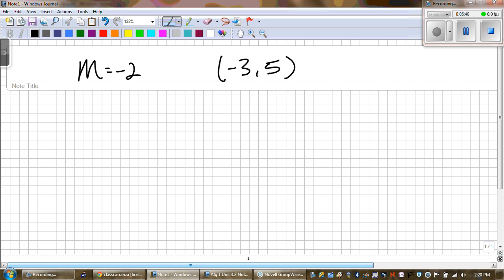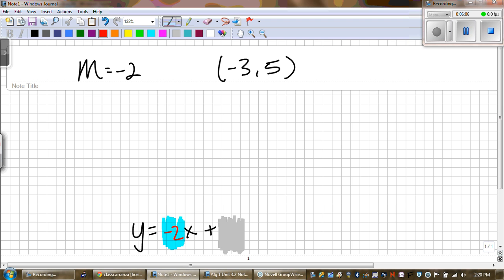What I want to do is ultimately, we wanted y equals mx plus b. So we know that that's what goes there. I know my slope goes here, and my y-intercept comes right here. Right away, we know what our slope is from this example.